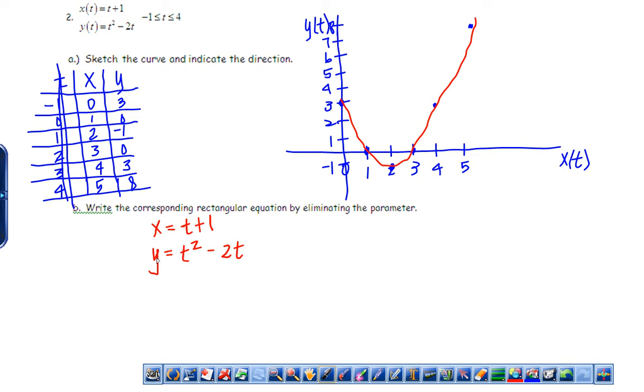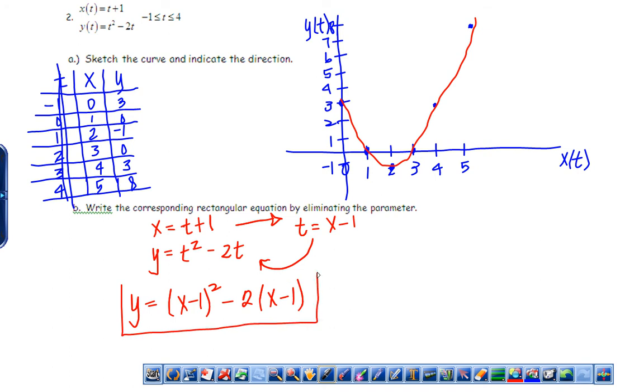The easiest way to do this is to take your x equation and solve for t, and that would be t equals x minus 1. And I'm going to substitute it in here. So that would be y equals, my t value is now x minus 1, quantity squared, minus 2 times quantity x minus 1. This now right here should be my answer.